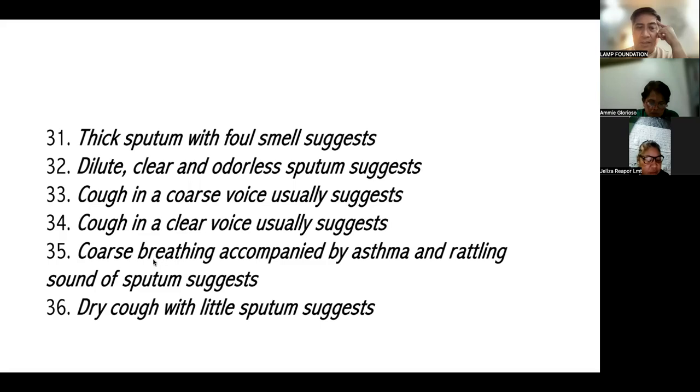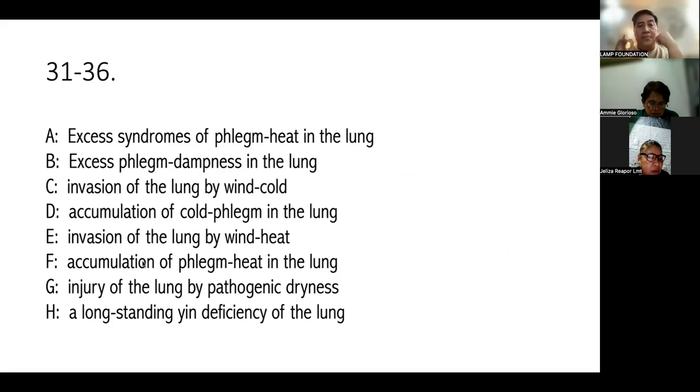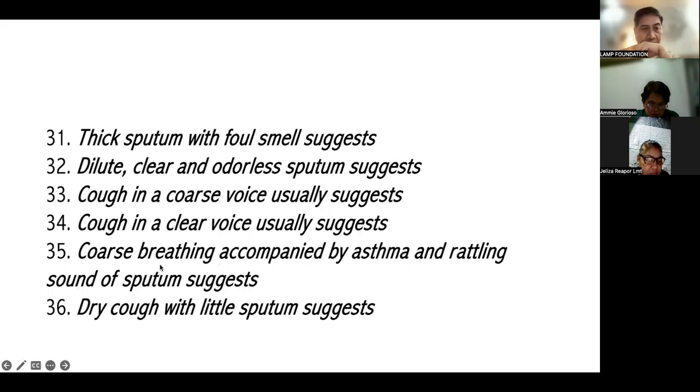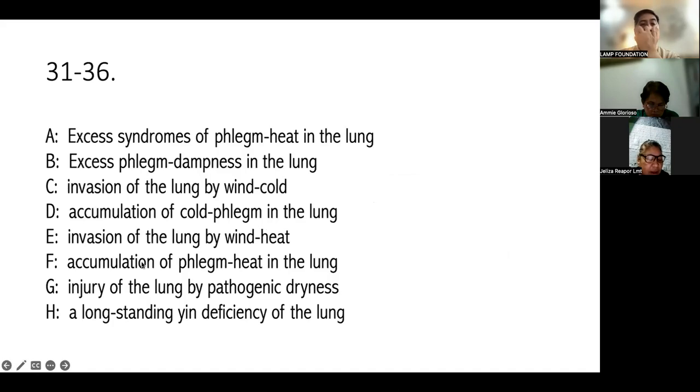Let's go to number 33, Ma'am Jeliza. Yes, Doc. Number 33, cough with hoarse voice usually suggests letter C and D. C is invasion of the lungs by wind cold, and letter D, accumulation also of cold phlegm in the lungs. Dalawa, Doc, ang sagot niya. Meron siyang ubo, tapos yung boses niya usually parang namamaos.